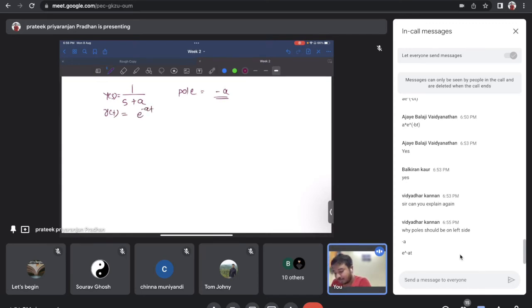Very good. So let's draw the s plane. This is real and this is imaginary. So there are two conditions: if a is negative, and if a is positive. If a is negative, then the pole is on the right hand side.